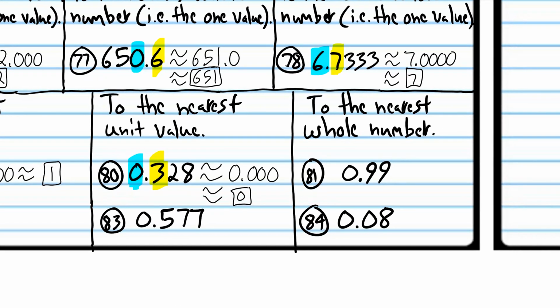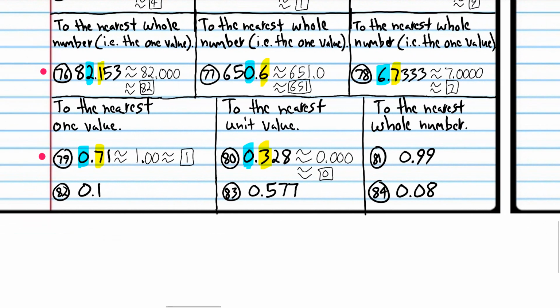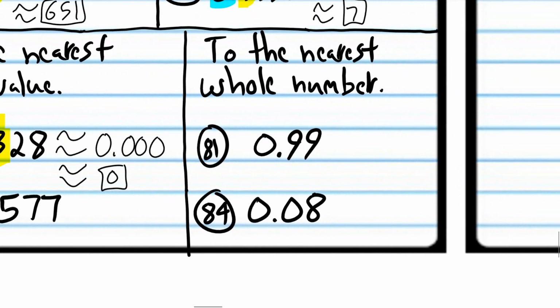If you got 0, good job. So you see, we have nearest ones place, we have unit place, and we have nearest whole number. They all mean the same thing. They mean the number directly to the left of the decimal. Sorry, I blacked that out there. To the nearest whole number, so that's here.